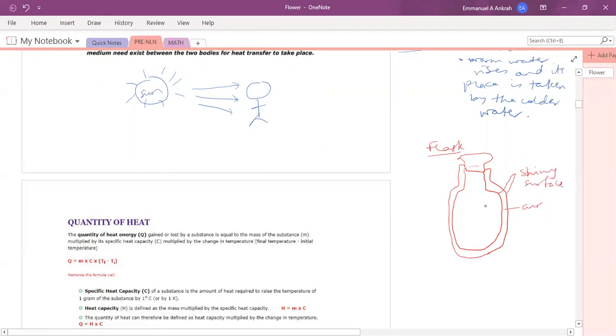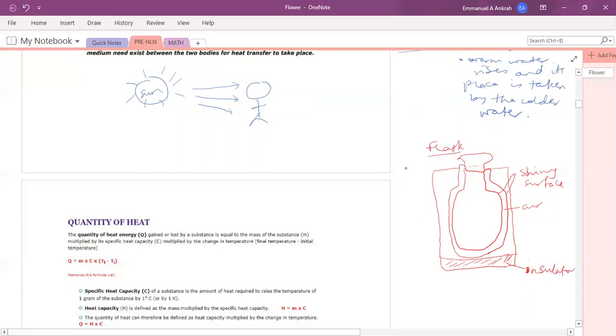Then you may have the outer cover itself somewhere, and below here there'll be an insulator.